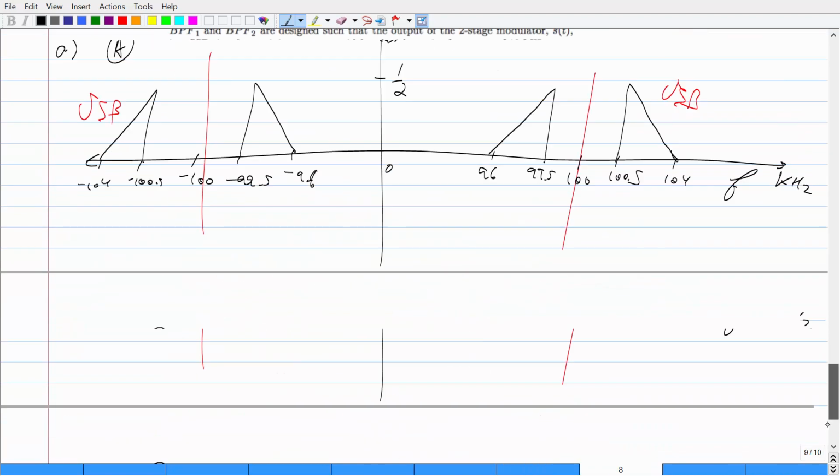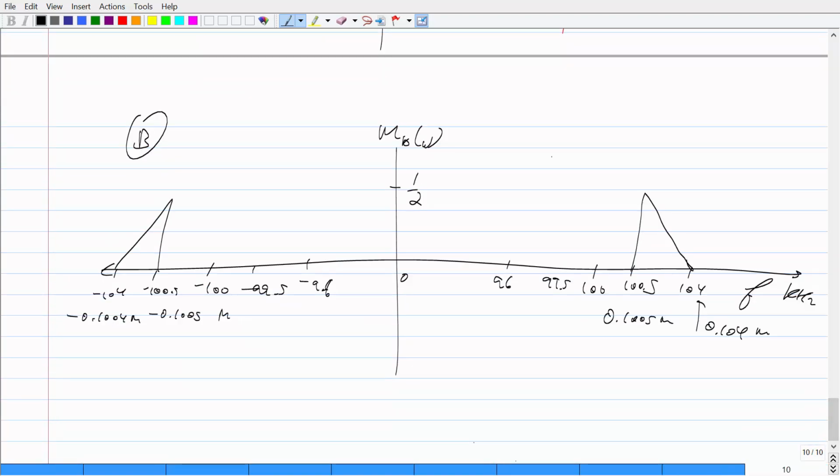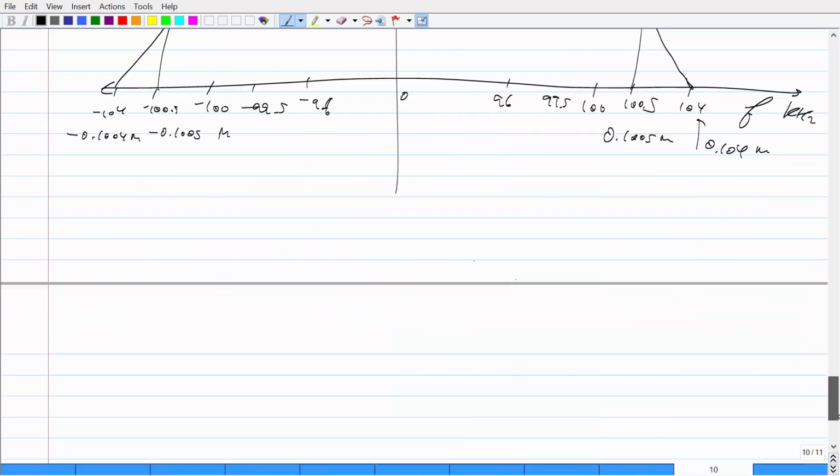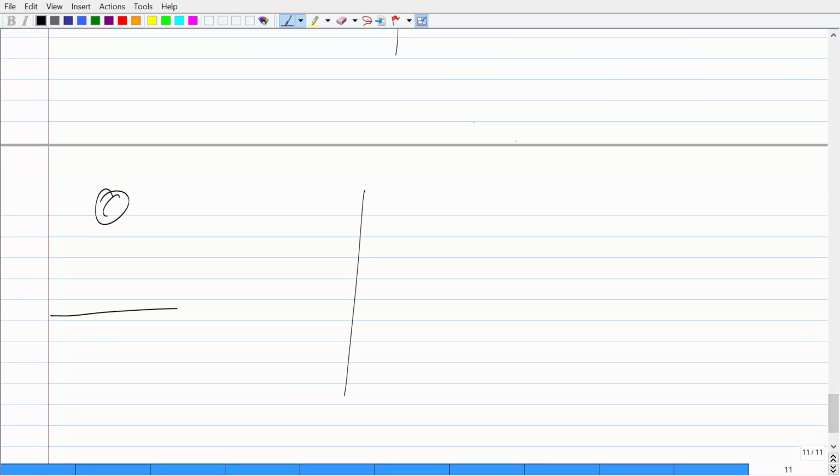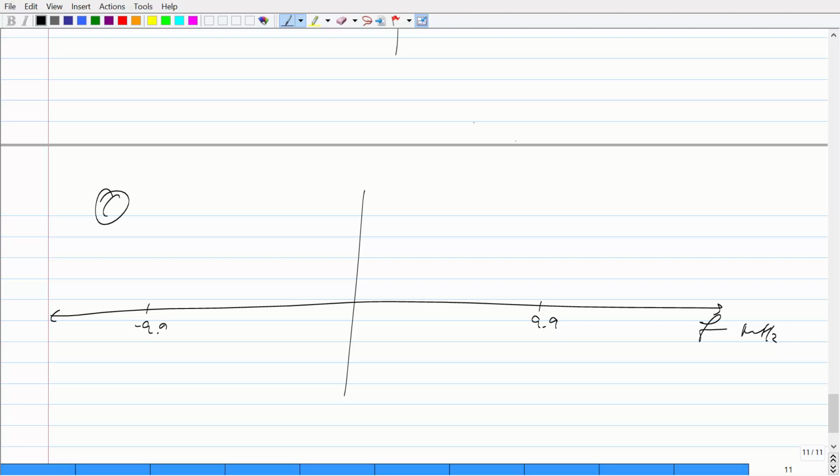Now part C asks us to modulate one more time with a carrier frequency of 9.9 megahertz. So now I'm going to do this in megahertz. My carrier is centered at 9.9, and this is minus 9.9.